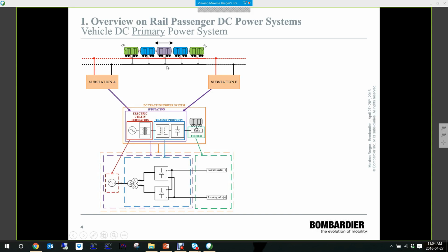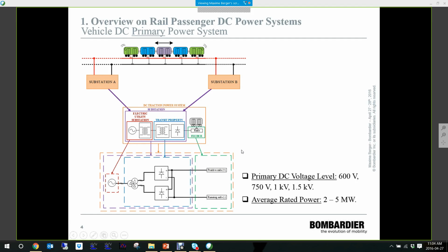The substations are generally made of 6 or 12 pulse diode rectifiers connected to a dedicated electric utility substation. Typical primary DC voltage level is between 600 volts and 1.5 kV. And the average rated power of the substation is between 2 to 5 megawatts.